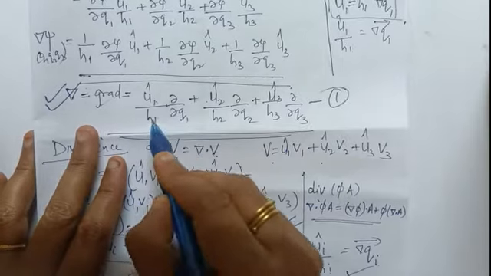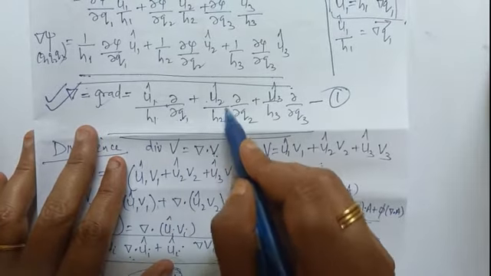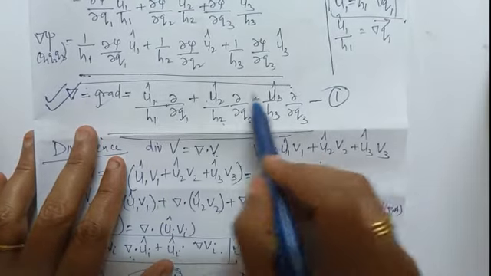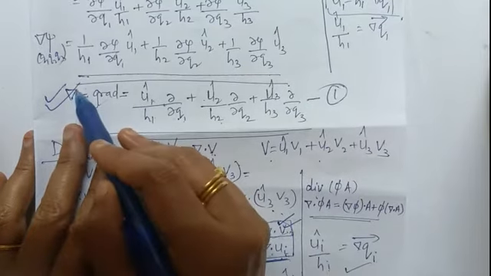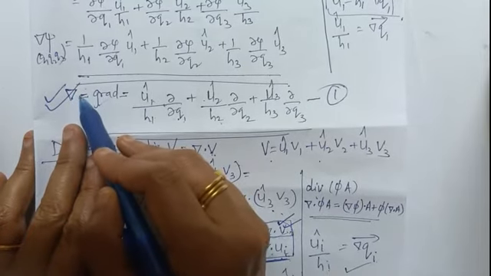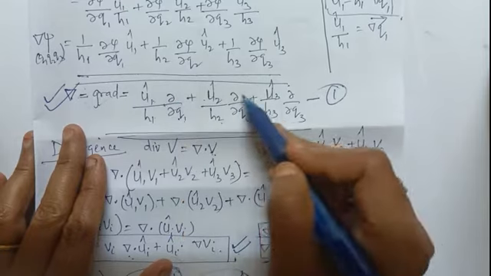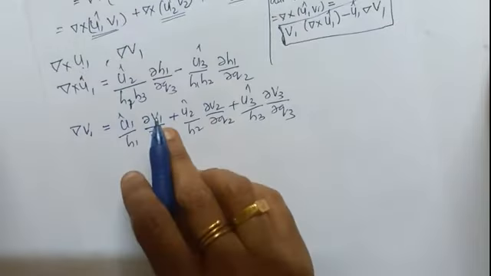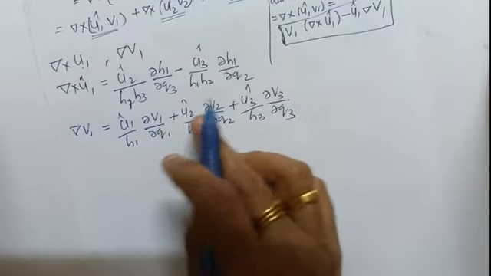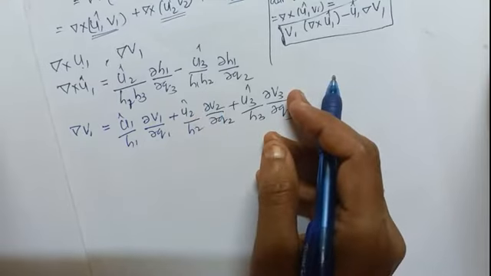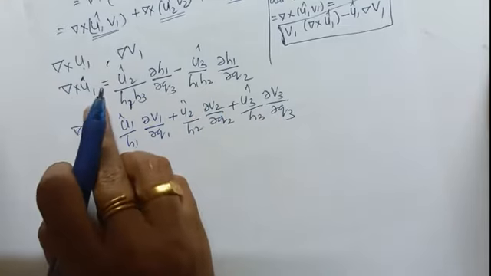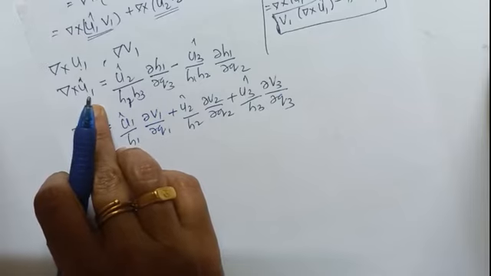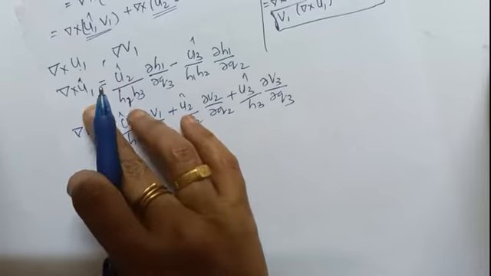We have written U1 by H1 dou by dou Q1 and U2 by H2 dou and the sum of that. Here we are having grad of V, so everywhere we are going to write V1, V2, V3 in terms of its components. And del cross U1 we have just studied when we got the expression in the divergence.